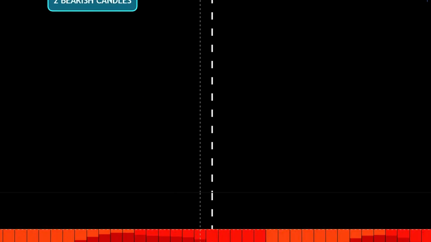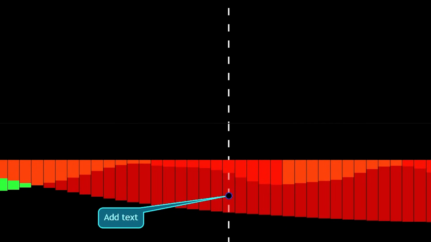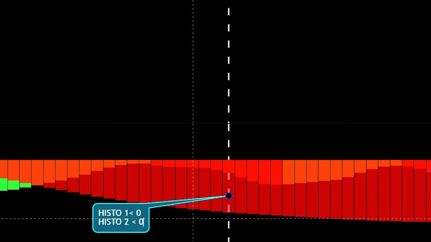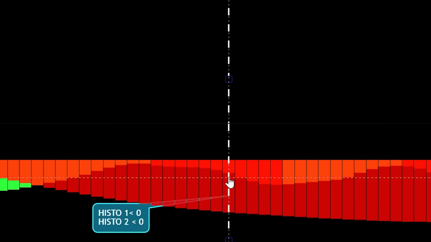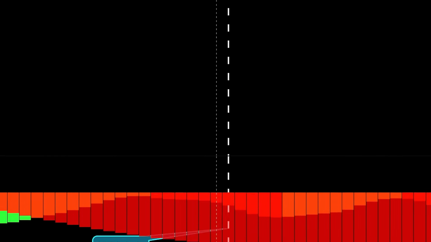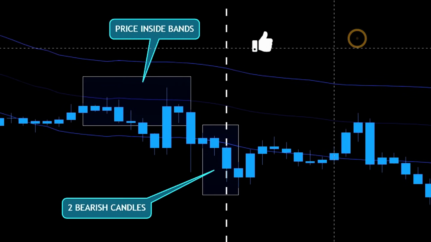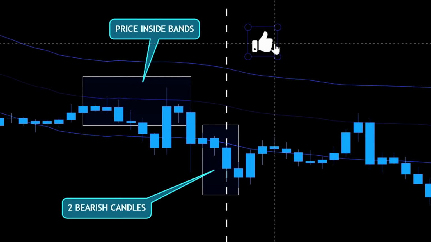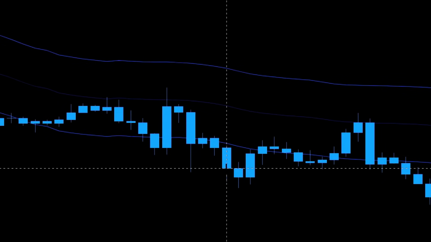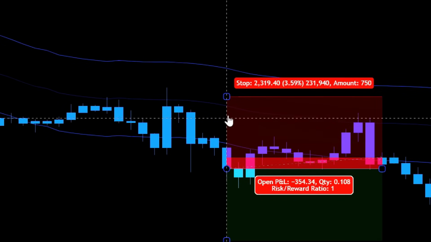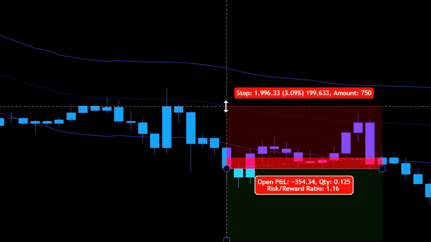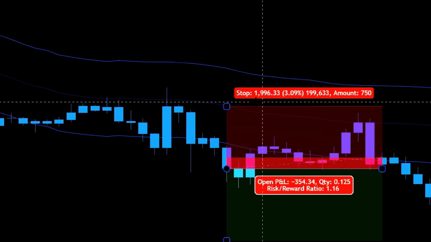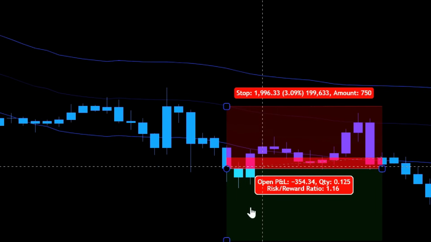Two bearish candles closing below the bands, and with the Double Gaussian Awesome Oscillator, both histograms need to be below the zero line, confirming the bearish trend and momentum. If all that lines up, you can open your sell position. Your stop loss goes above the Fama Channel midline, and again, aim for that 2R target. This complete TradingView indicator system is what you've been searching for.